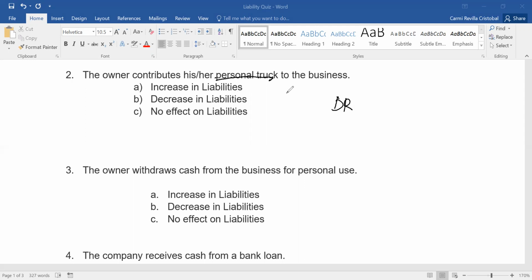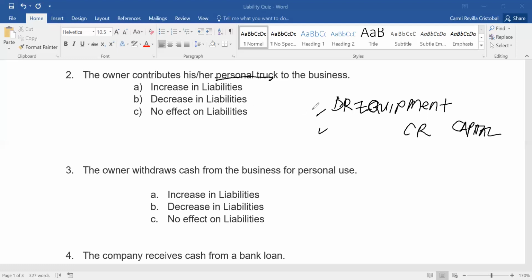Since the personal truck is contributed to the business, we debit equipment, because the truck is equipment, and credit capital. The question is, what is the effect on the liability section?